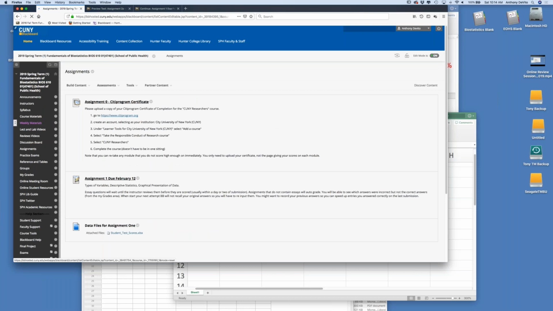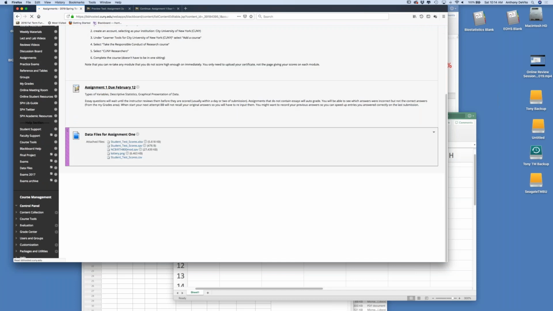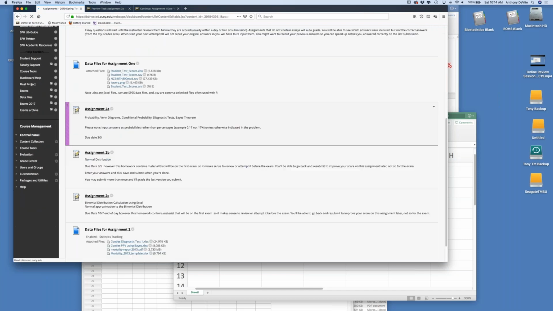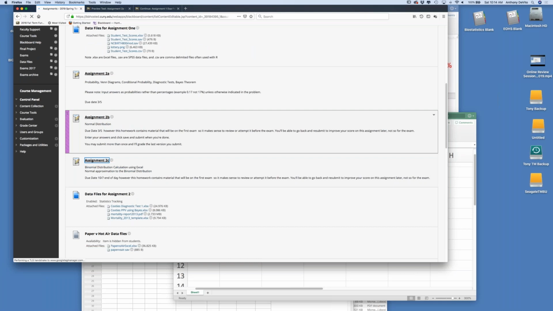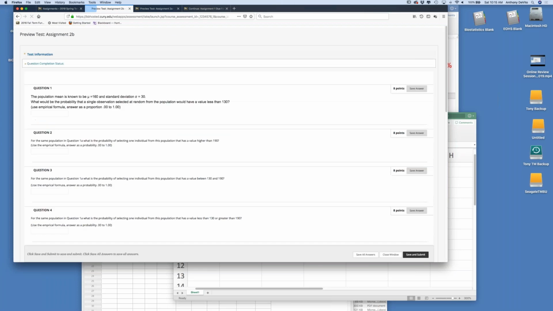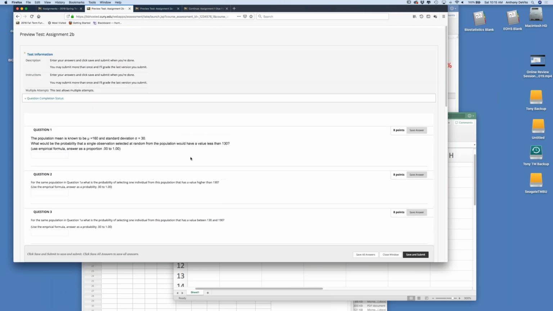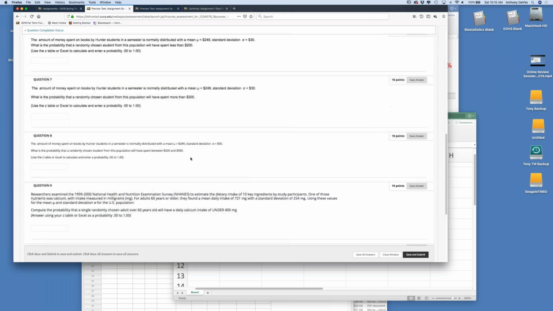Okay, there we go, Venn diagrams. We got that out of the way. What happened to two? Oh, I skipped right past this. Okay, now we're talking normal distribution.